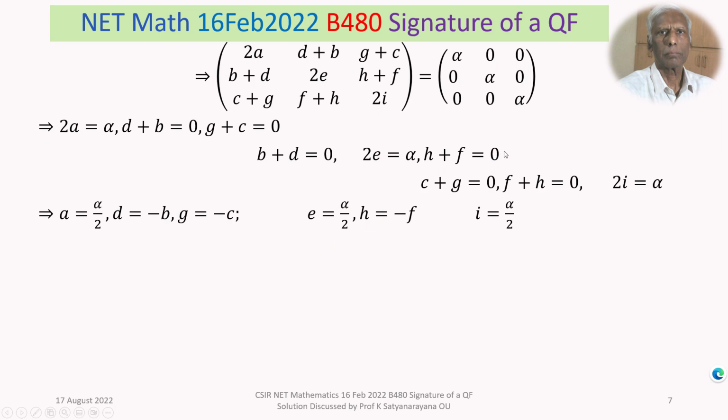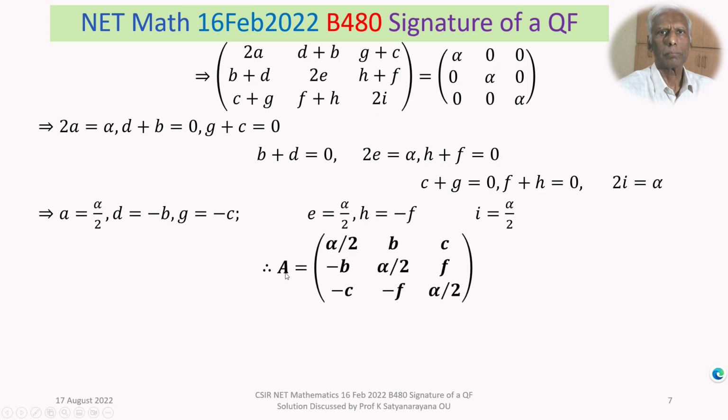H plus f is equal to 0 means h is equal to minus f. And c plus g we have already considered, f plus h we have already considered, and 2i is equal to alpha. This will imply i is equal to alpha by 2.